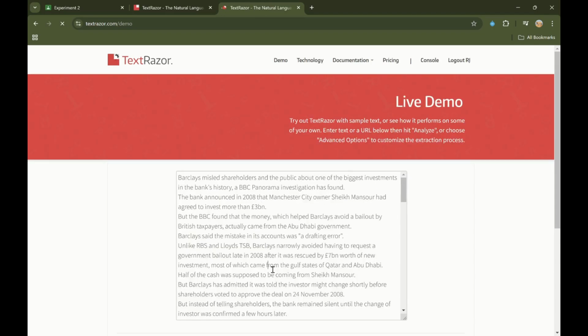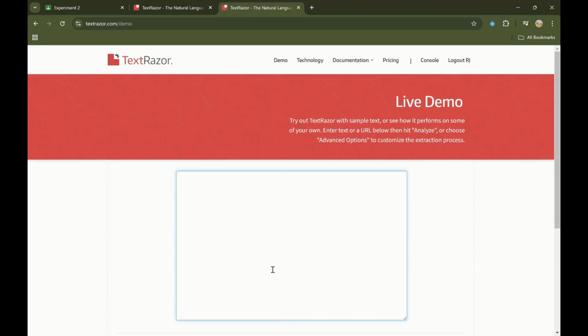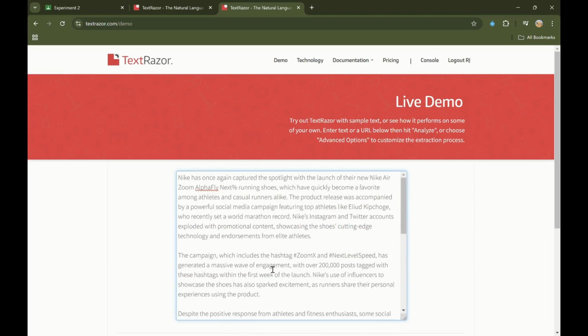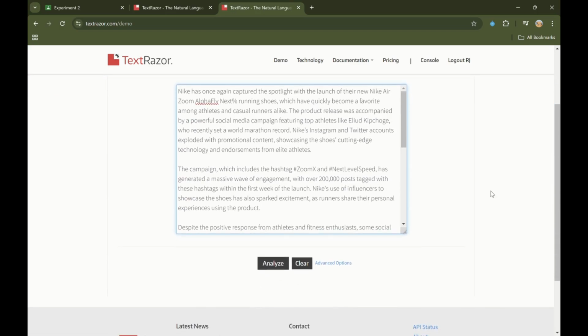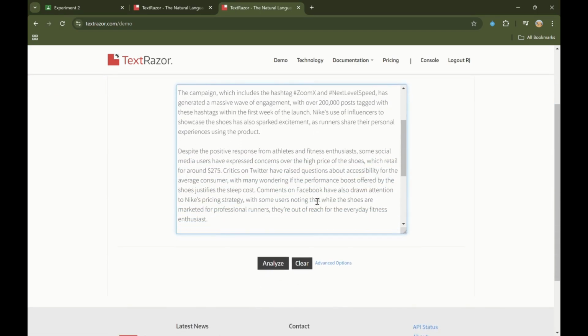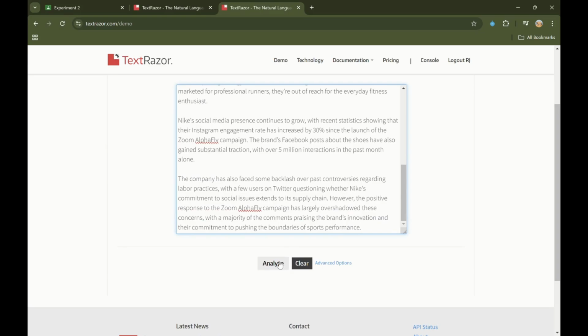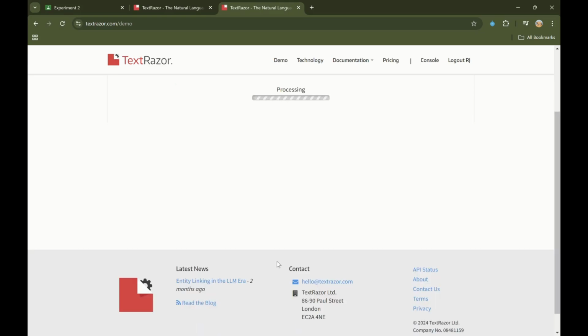So, what we are doing is we put our custom text into the given tool. Once we do so, we click on Analyze. The text is being processed by the tool.